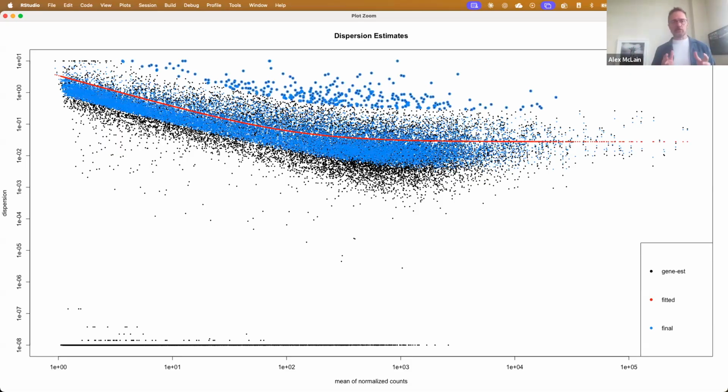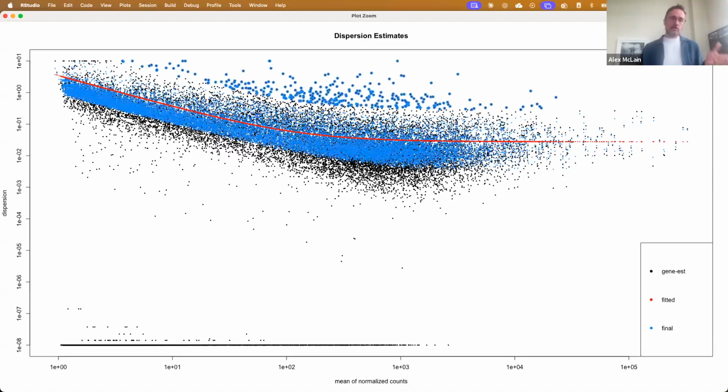We assume that around each mean, so around each red point, there's some distribution of these dispersion parameters, and we take the value we observed and that distribution around the mean line, and those get put together for our final blue estimate.